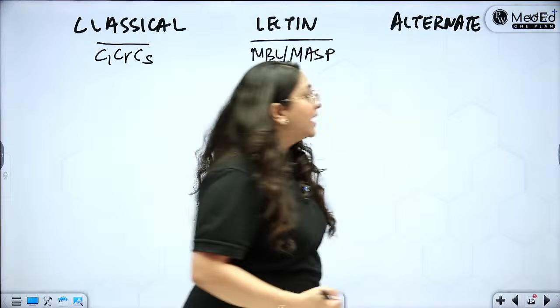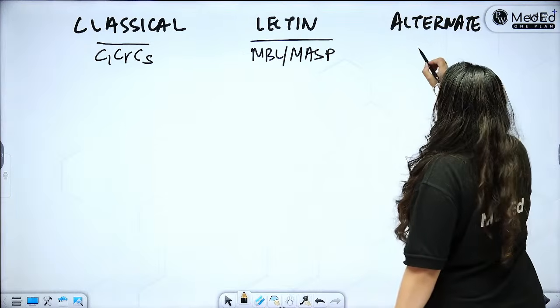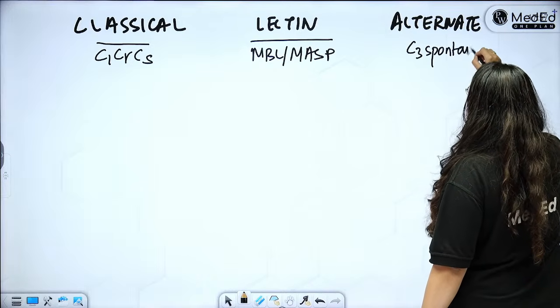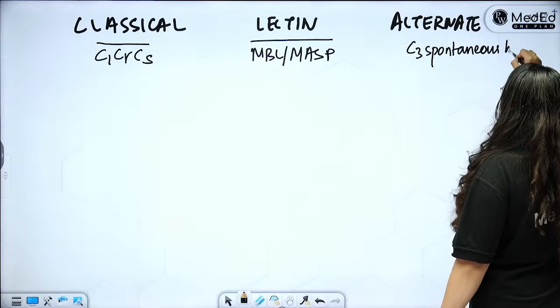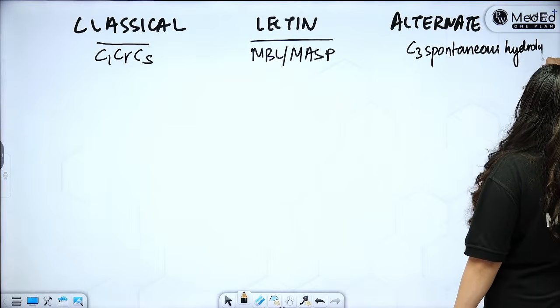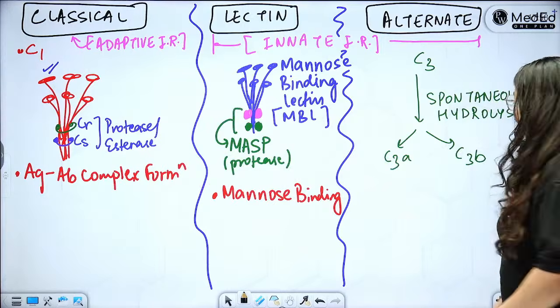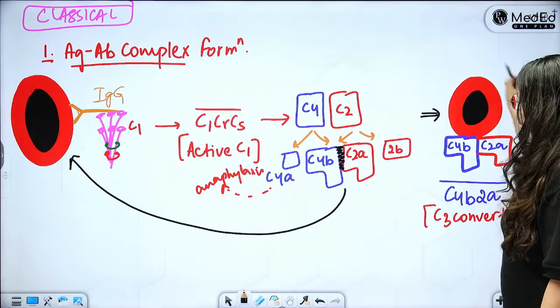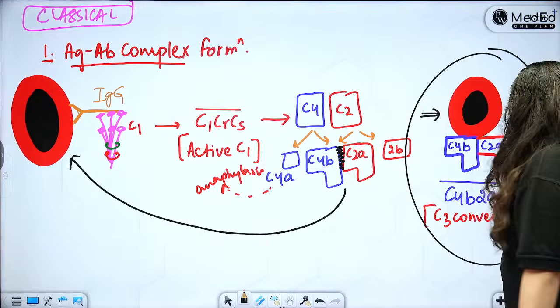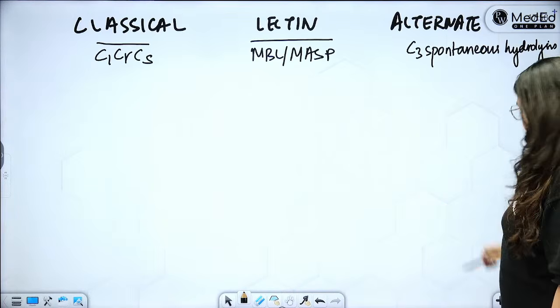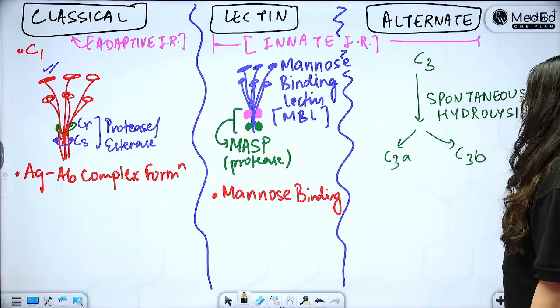Yes. The starting point of the alternate pathway is C3 spontaneous hydrolysis. Ultimately, all three of them are converging into what? C3 convertase formation.